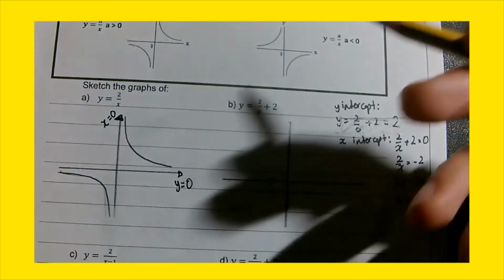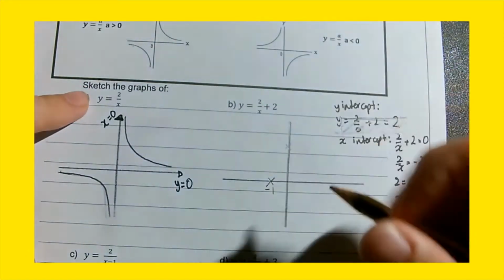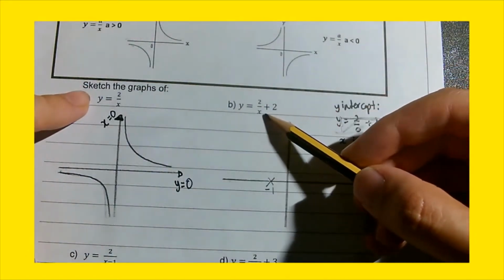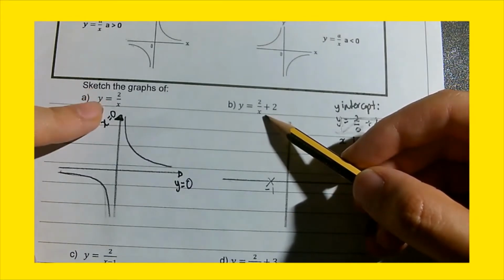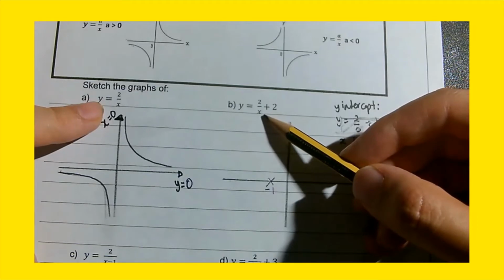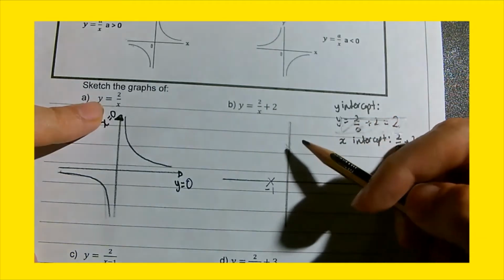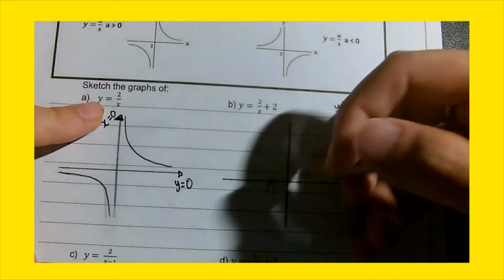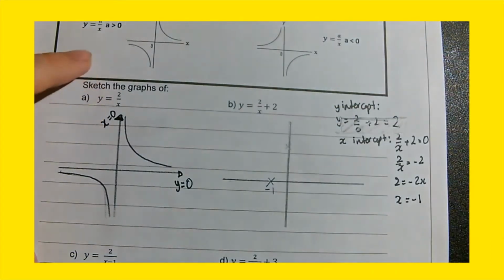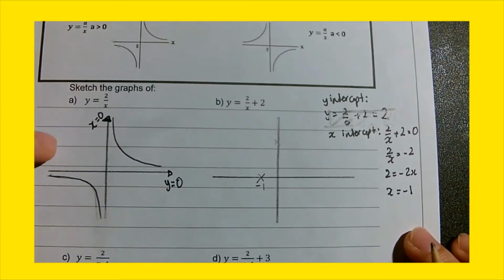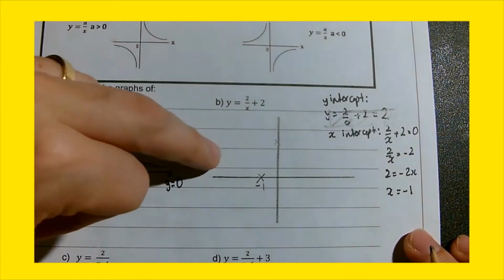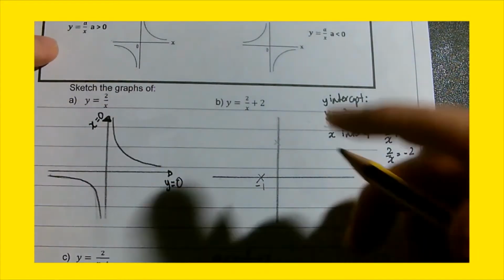If I substituted x equals 1 into the left hand side, I'll get y equals 2 over 1, which is 2. If I put x equals 1 into this one though, that same x value gives me a y value of 4. So everything shifts up by 2.